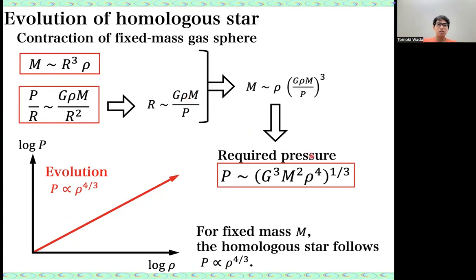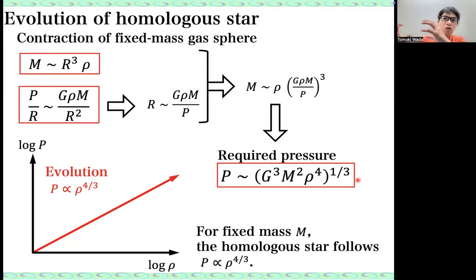And this equation means, okay, let's consider a fixed gas sphere. The mass of this gas sphere is m, and the density is rho. To keep this gas sphere, this kind of pressure is required. So we don't know the equation of state, but if the pressure of this gas sphere is lower than this value, it should contract.